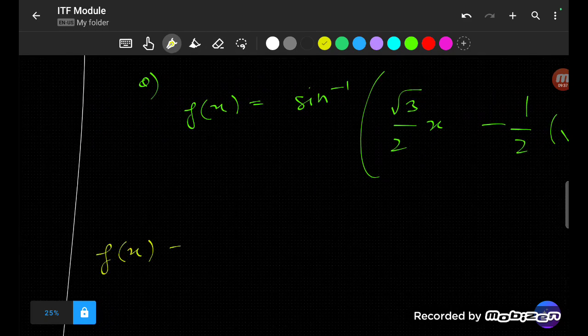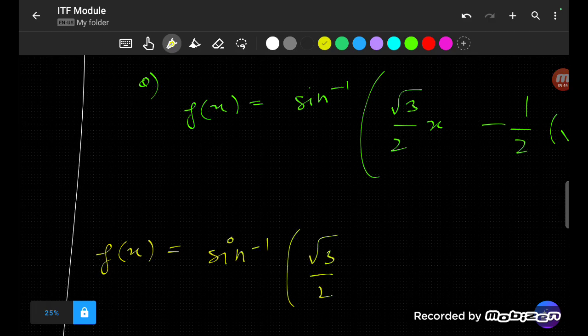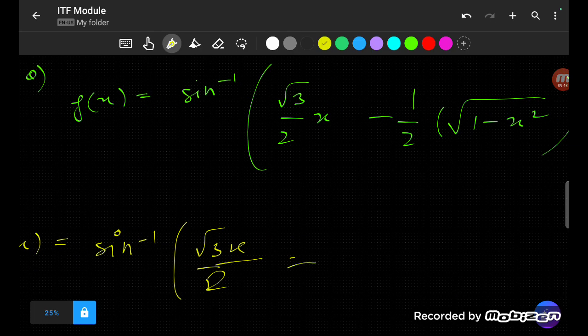F of x is sine inverse root 3 by 2, minus root 3 x by 2 minus.